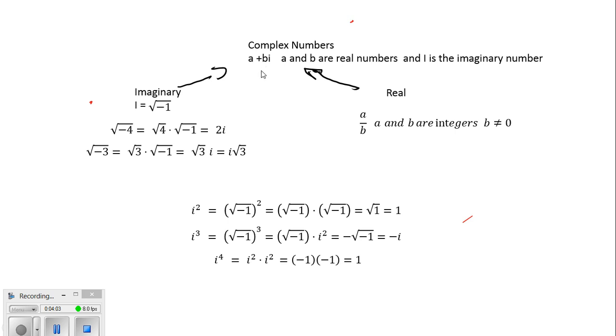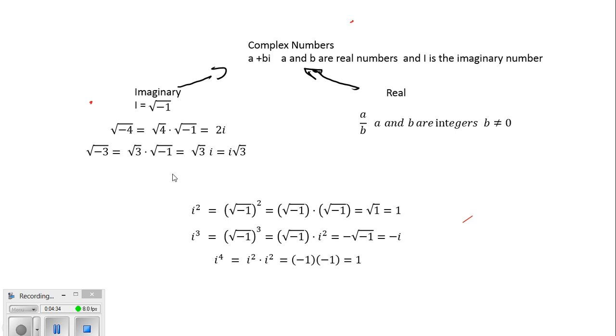A number like the square root of -4, otherwise known as 2i, is effectively 0 plus 2i. Even though it may not be expressed in this form, it can be. So 2/3 is 2/3 plus 0i. Any number you can think of can be expressed in this form.